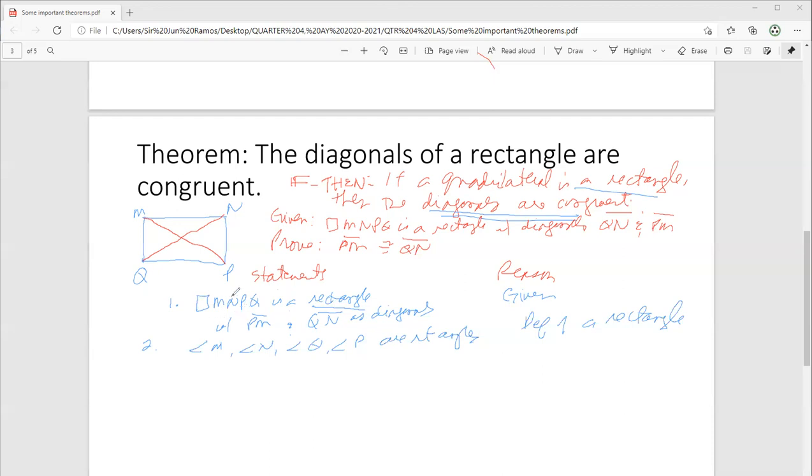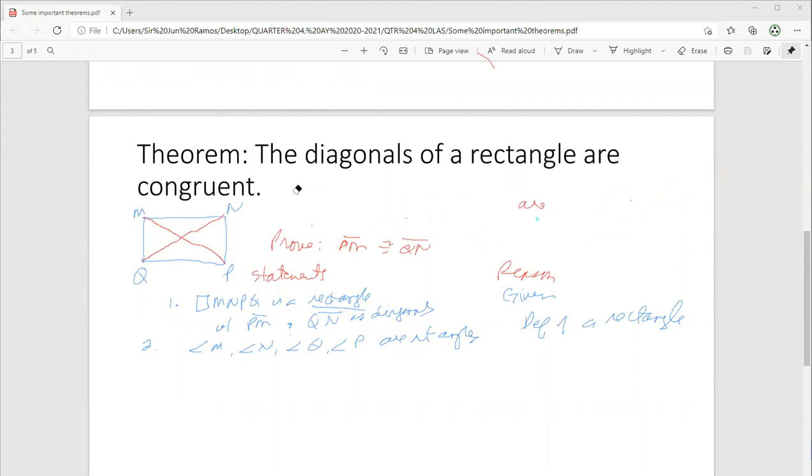Okay, now it may be well for us to split this figure here so that we will have two figures actually that we will be dealing with. Let me erase this portion so I can have a space for me to redraw the two triangles that I want to be proven congruent.